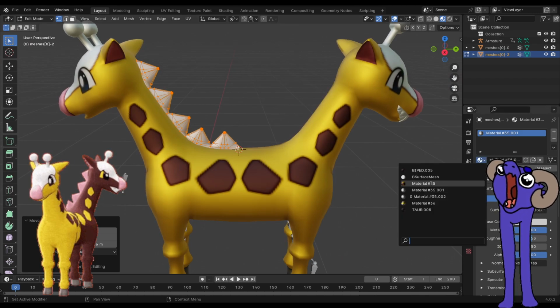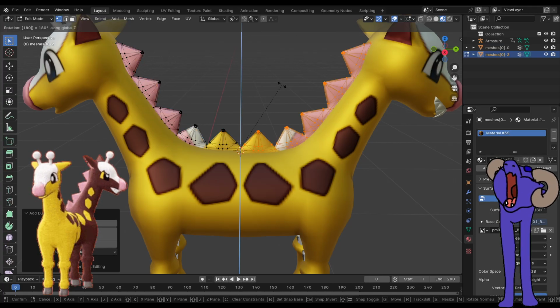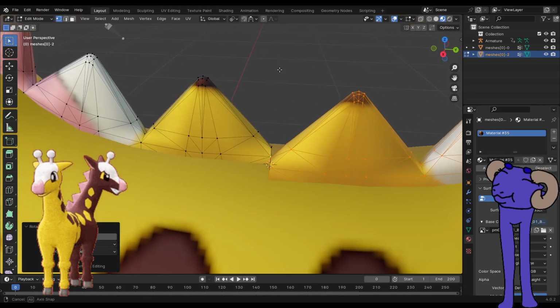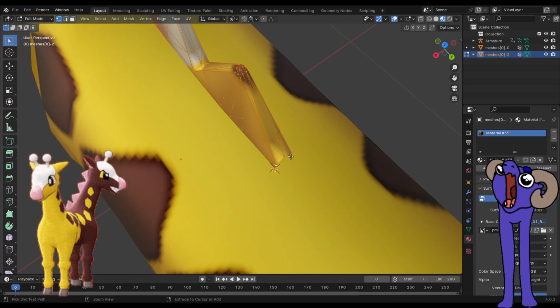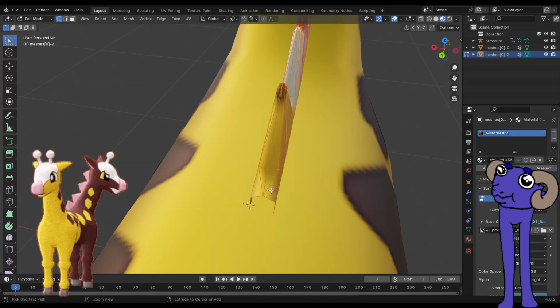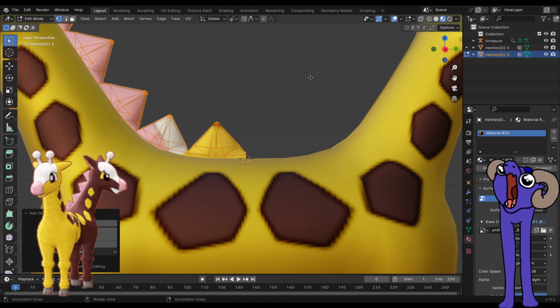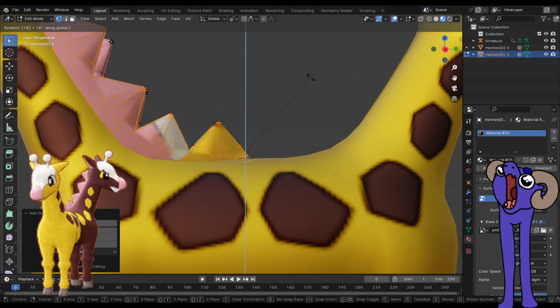And then we just gotta make sure this is on the correct material, and we can fix the UVs on this in a second, but we do, however, need to do that. Oh, jeez. Okay, what I meant to say is we do still need to do that.